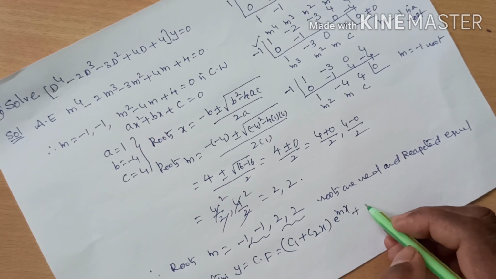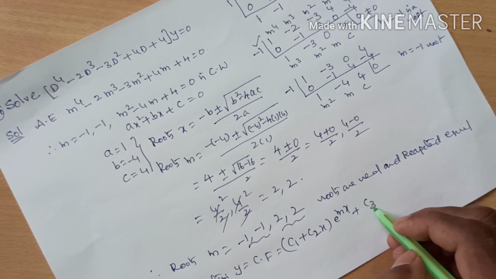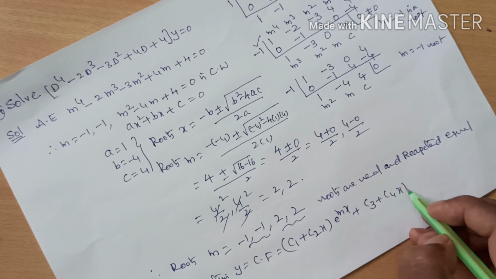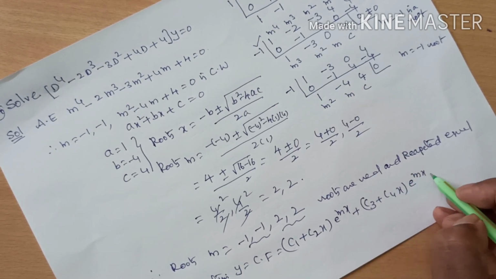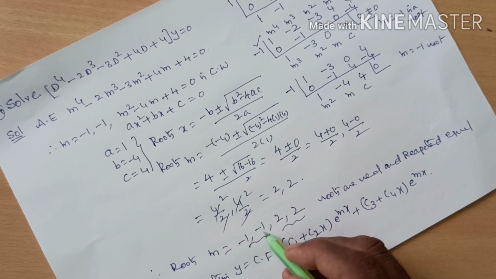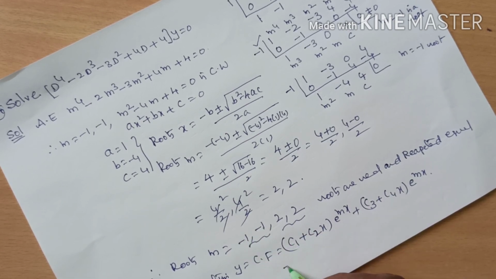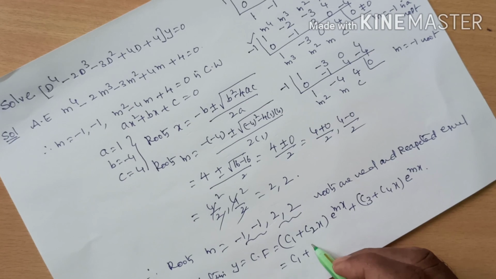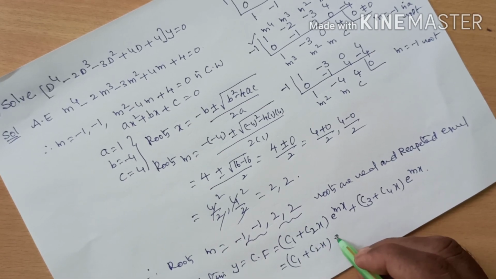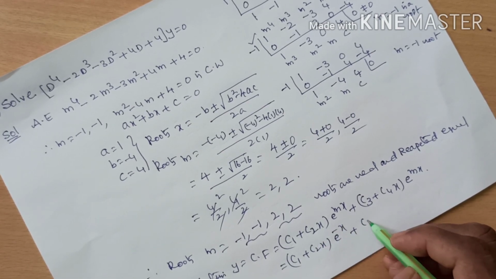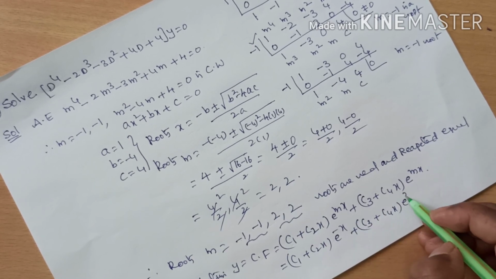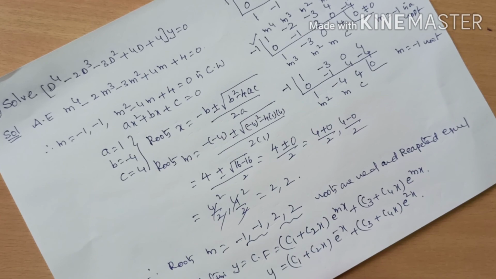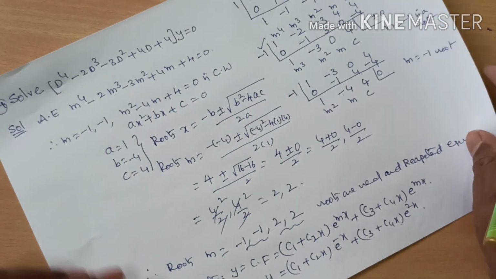For the second 2 roots c3 plus c4x into e to the power of mx. Okay, here you can see the first 2 roots are minus 1 comma minus 1, that is equal to c1 plus c2x into e to the power of minus x, c3 plus c4x into e to the power of 2x is the solution for the given equation.